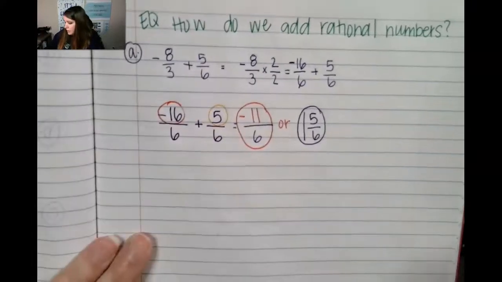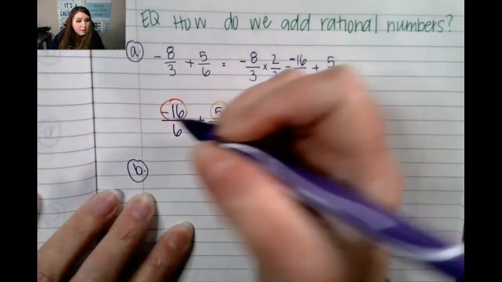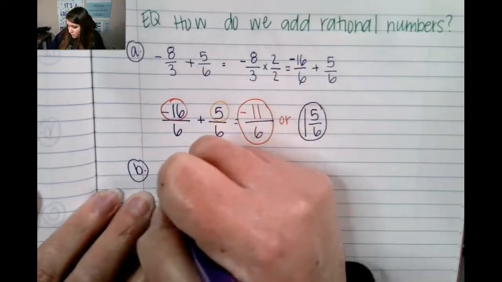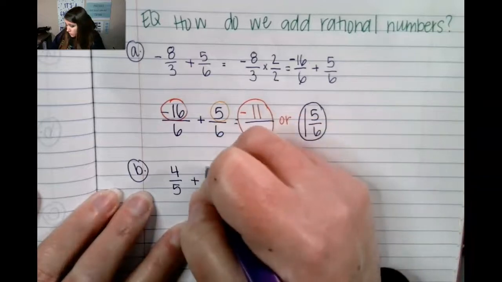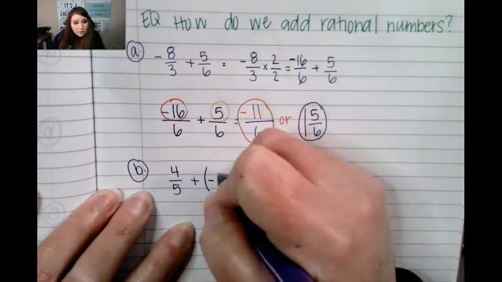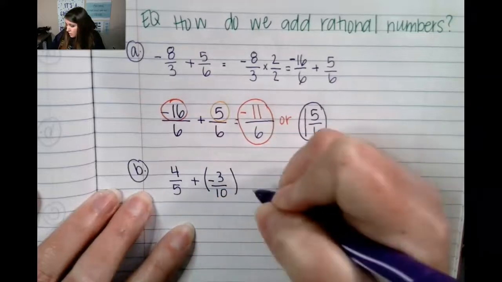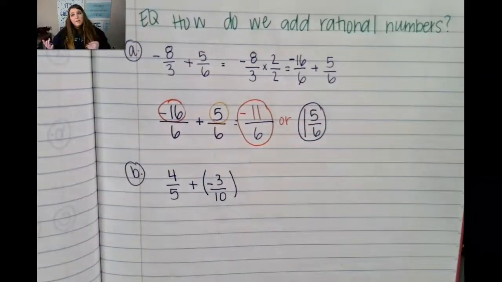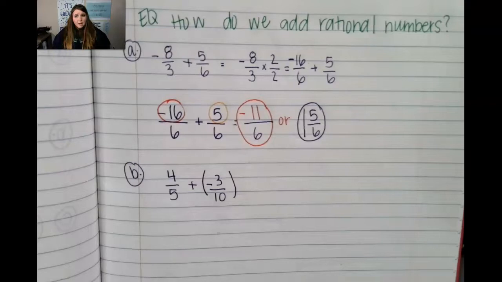All right, so in this example, I have example B. I have 4/5, and I'm going to add that to a negative 3/10. Okay, so again, we're looking at this the exact same as integers, except we're adding rational numbers.